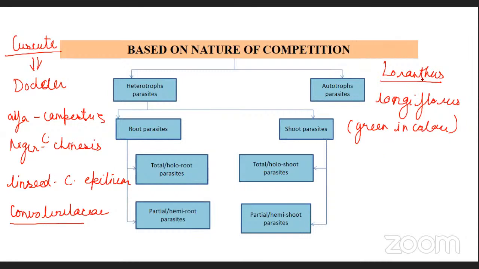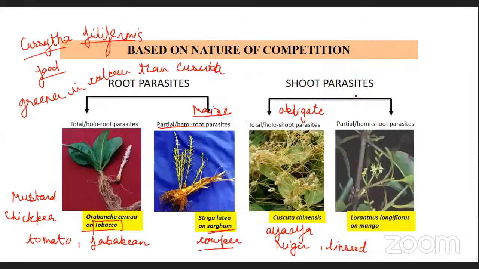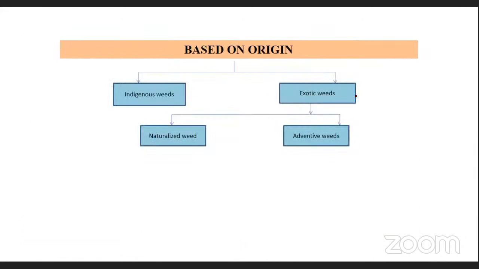And nothing much in this. Cuscuta's family I have told you, and this Loranthus also belongs to a family; I'm just forgetting what the family name is. I will be telling you other family names in later classes, but these are the important things.